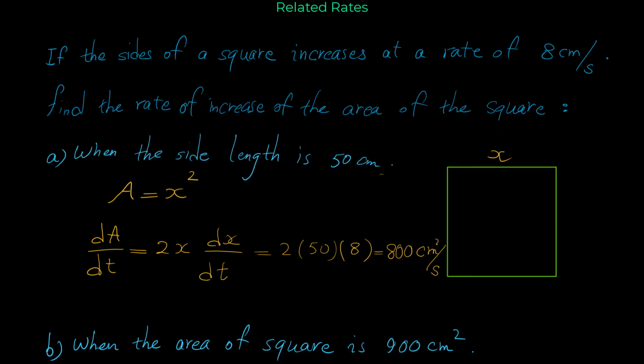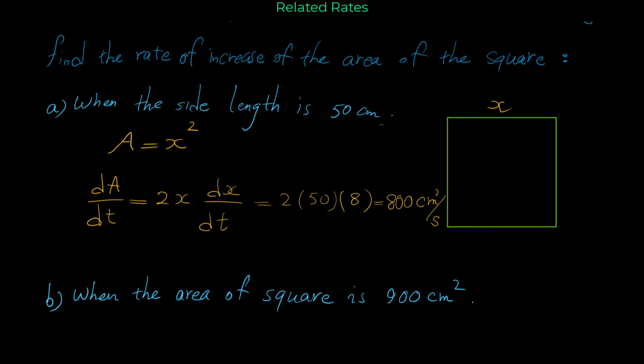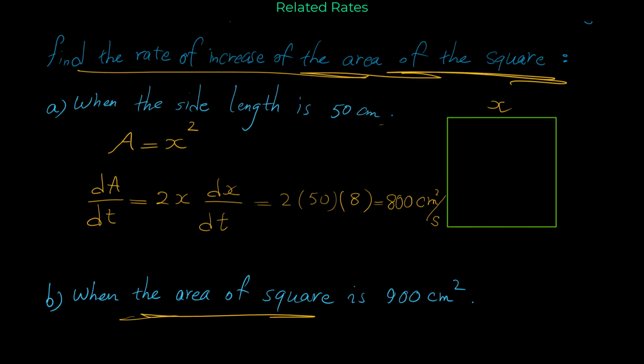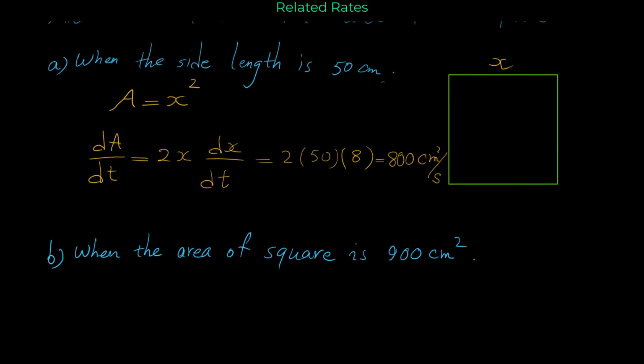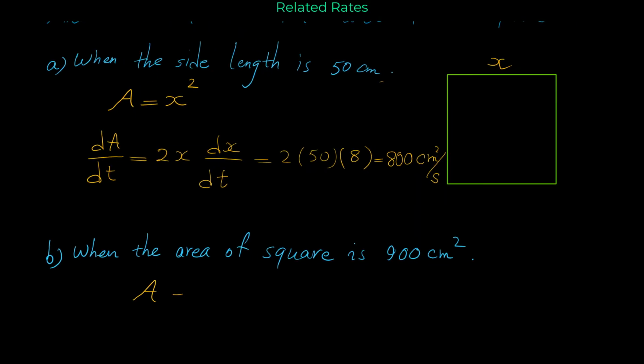In the second part of the question, we want to find the rate of increase of the area of the square when the area of the square is 900 centimeter squared. Again, we start with the relation between area and the length of the side.